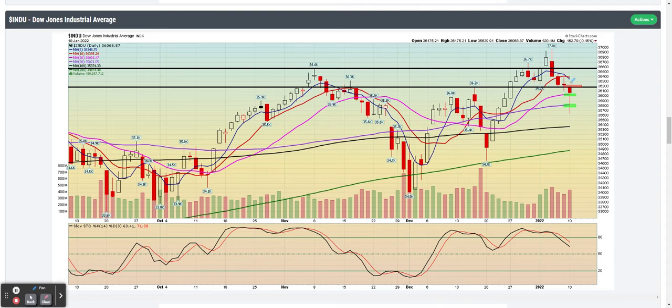So for tomorrow, I would expect that to act as heavy resistance, including this area here, these declining short-term moving averages. But this chart still looks good. I mean, still in a big uptrend, very strong uptrend.